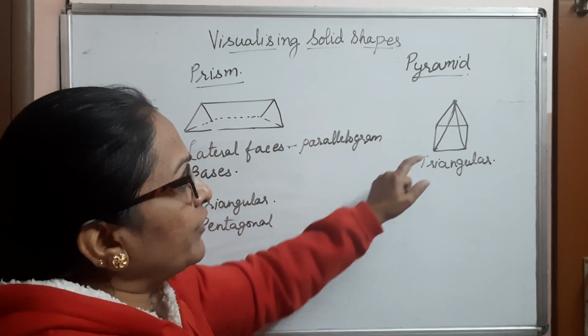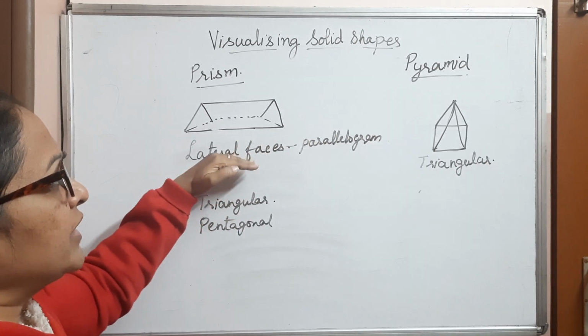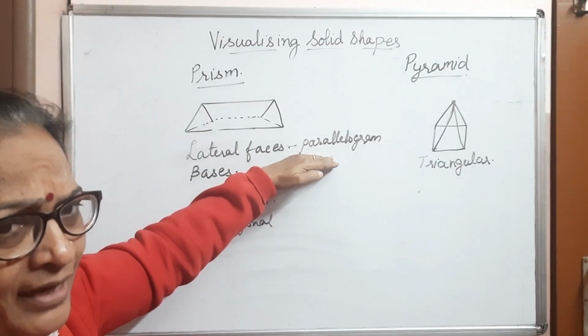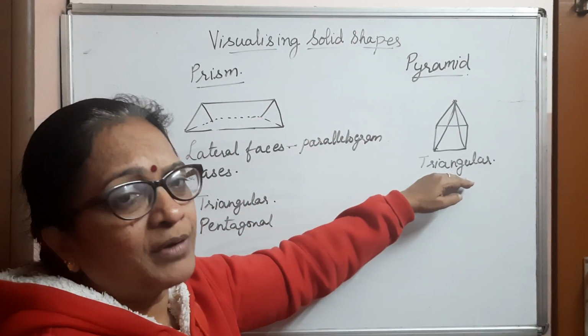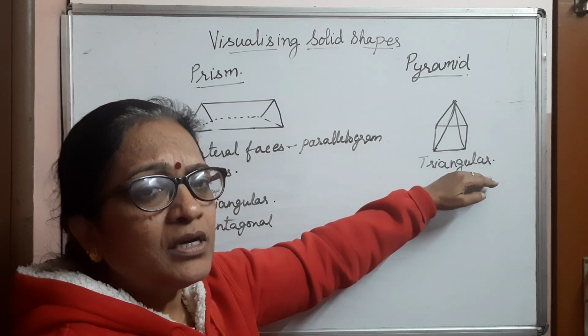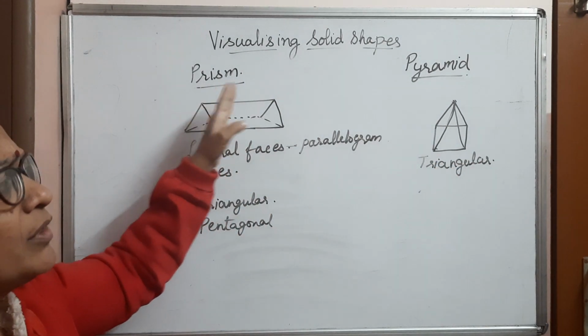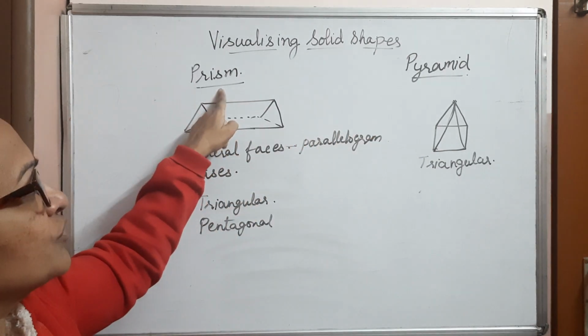Okay, so now when you compare the prism and the pyramid, the difference is that the lateral faces in a prism are parallelogram or rectangular in shape, and in a pyramid, the lateral faces are triangular in shape. On the basis of the base, the name of the prism and pyramid is given. If it is triangular, then it is known as a triangular prism.